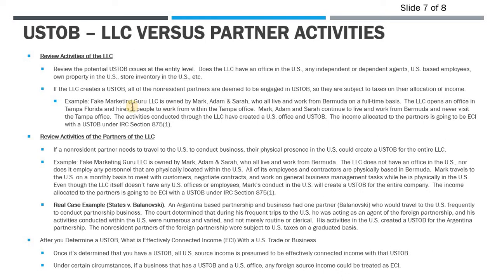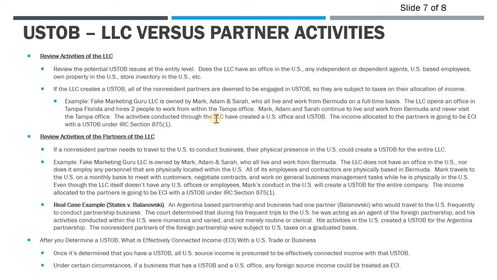So if we look at the example here, let's say our fake marketing guru LLC opens an office in Tampa, Florida, and hires 2 people to work from within that office. Now, Mark, Adam, and Sarah, they continue to live and work from Bermuda. They never even visit the Tampa office, right? They just don't need to, but they need an office space to put their employees.